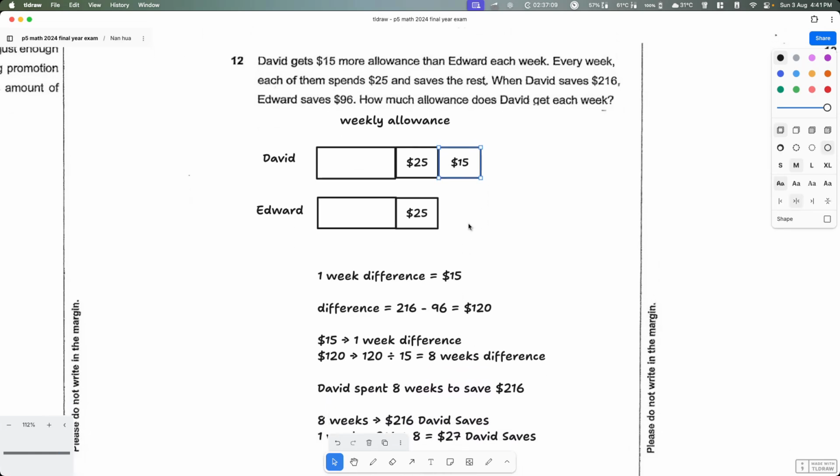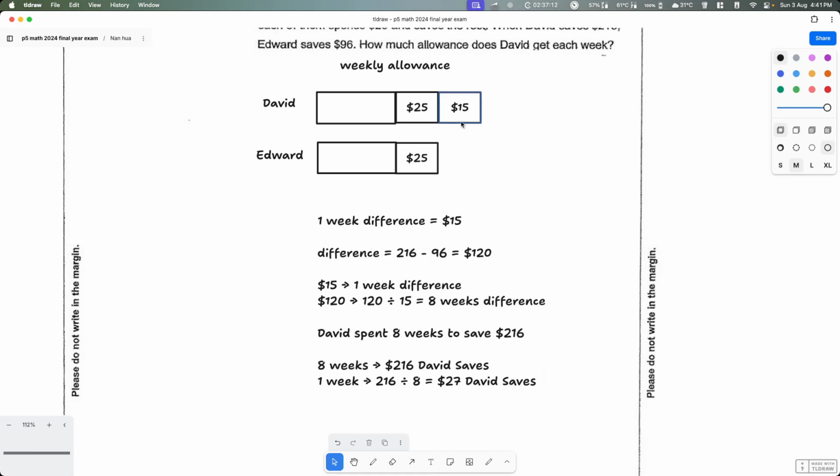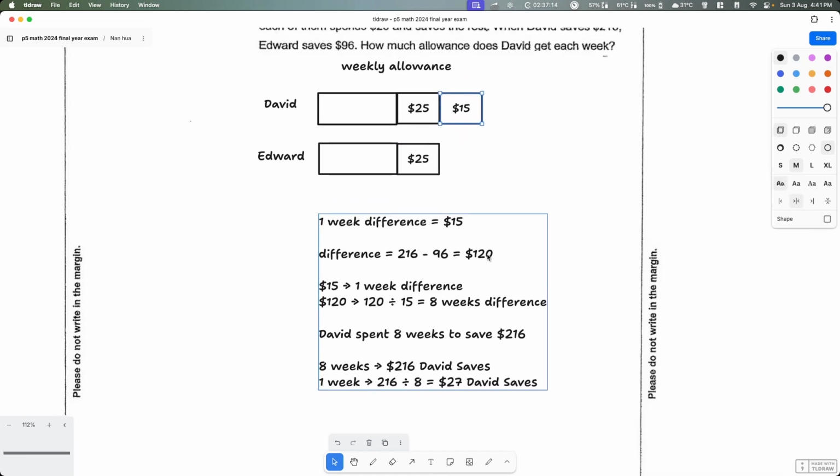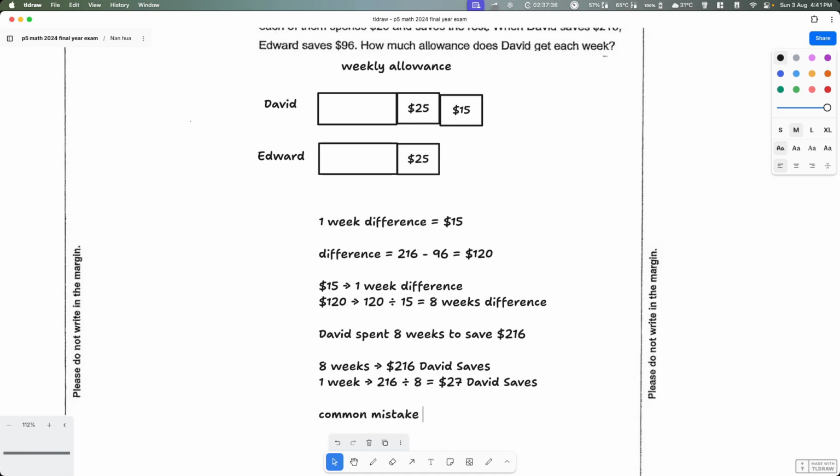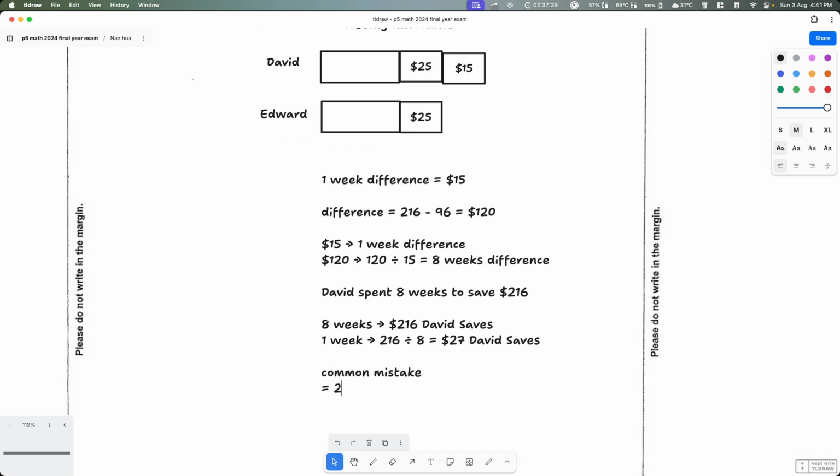In a sense, this $15 is a difference. So it's essentially something like this: David saves $27. A common mistake is to have 27 plus 25 plus 15. Why is this a mistake?